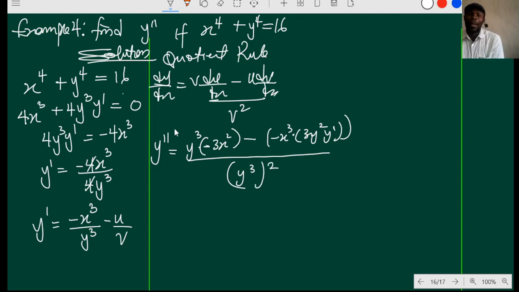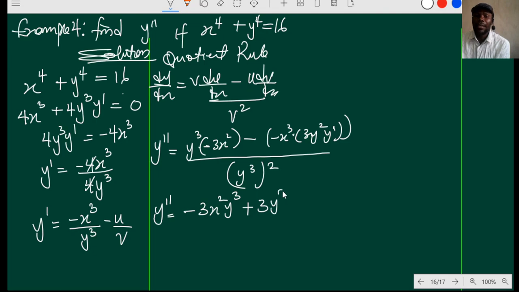I'm just trying to apply the formula. Let me just put it outside. You now have minus 3x squared y cubed. The minus will multiply minus, we have plus 3y squared x cubed y1 over y raised to power 6.